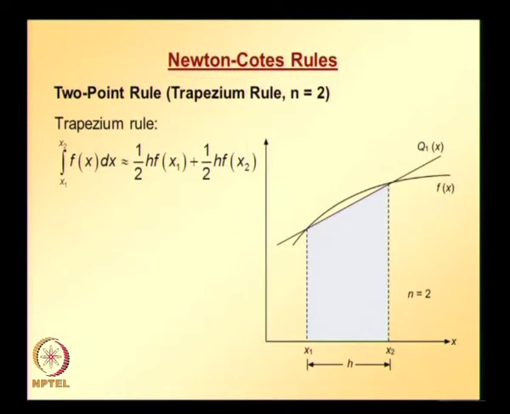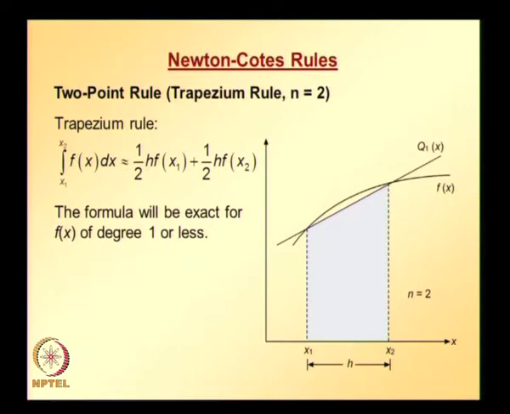The difference between these two areas is going to be the error associated with trapezium rule, and trapezium rule is going to be accurate if function f(x) is a linear function, or if the order of the function is 0 or 1. Even for constant function trapezium rule is going to result in accurate solution. So this is about trapezium rule. So the formula will be exact for function of degree 1 or less.